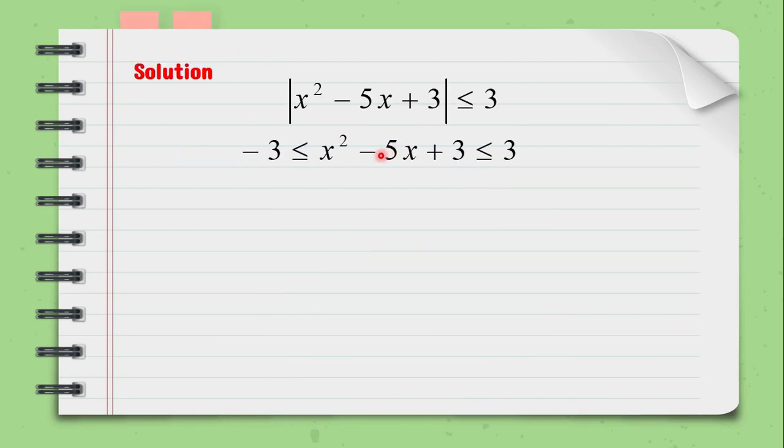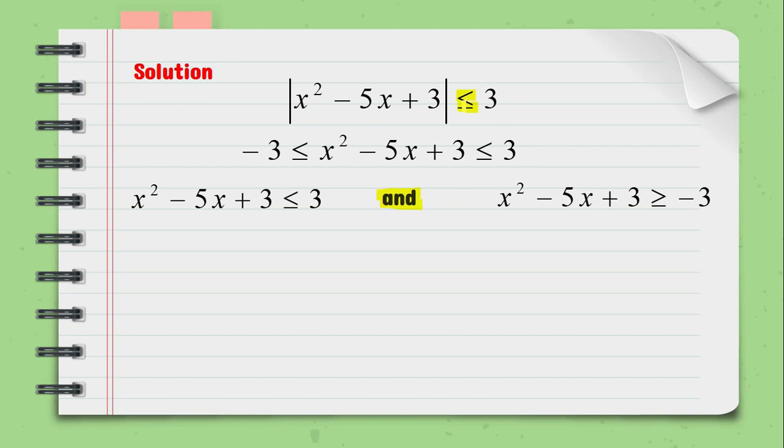Using the basic definition, we write down x squared minus 5x plus 3 less than or equal to 3, and x squared minus 5x plus 3 more than or equal to negative 3. To write down this definition, be careful: when it is less than, we use 'and'.